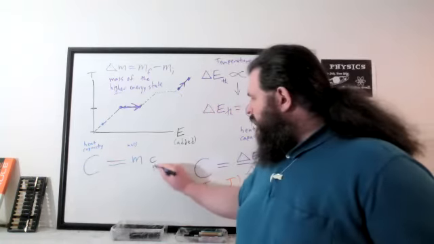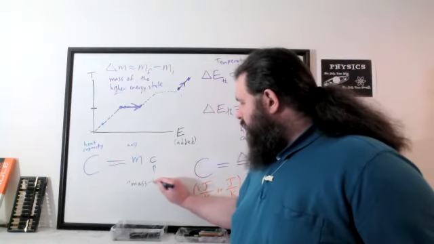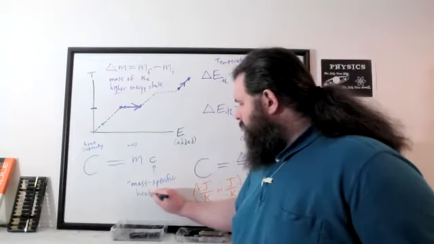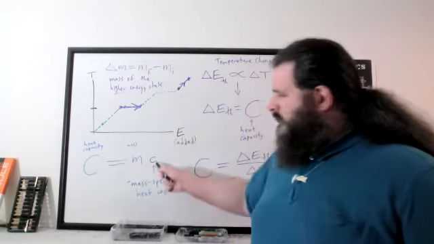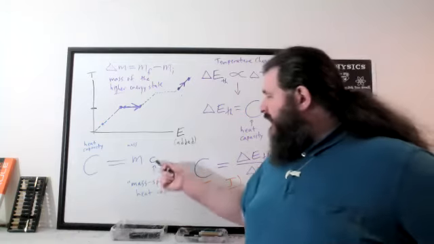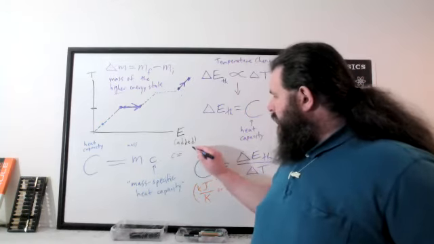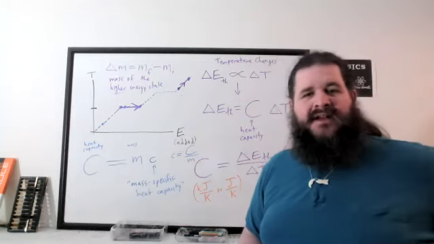And the formal old-fashioned name for that was the mass-specific heat capacity. Because if you look at this as a ratio, the mass-specific heat capacity, little c, is just the ratio of capital C divided by the mass. It's the heat capacity per kilogram.